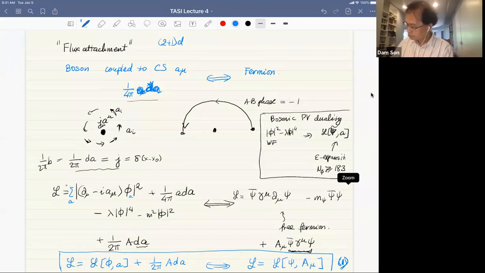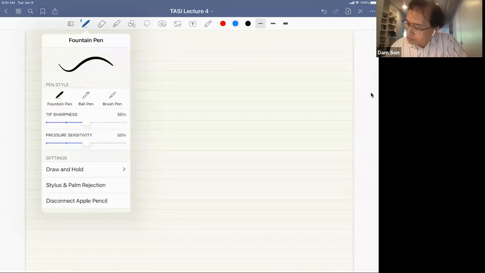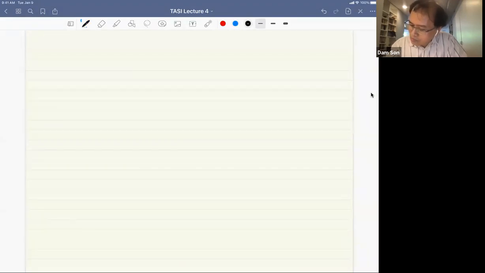Now, one check of this seed duality is to imagine that we are in the gapped phase. We take for example the mass squared of the boson to be larger than 0, or let's take it going to plus infinity.